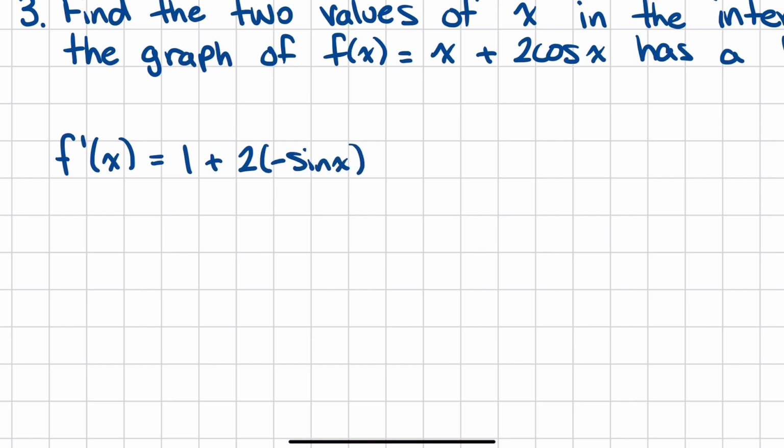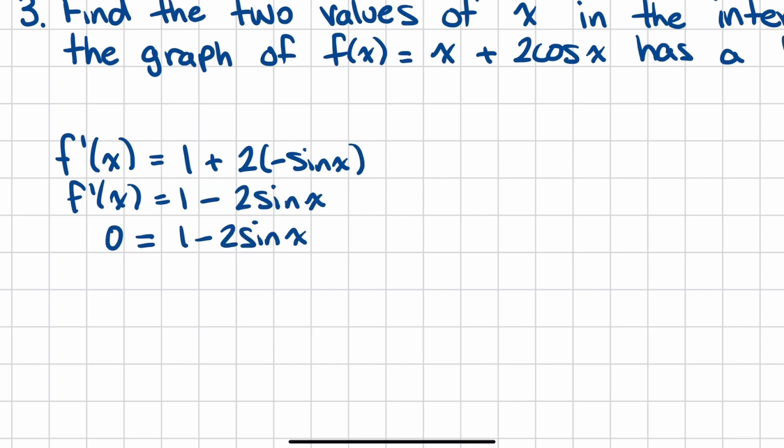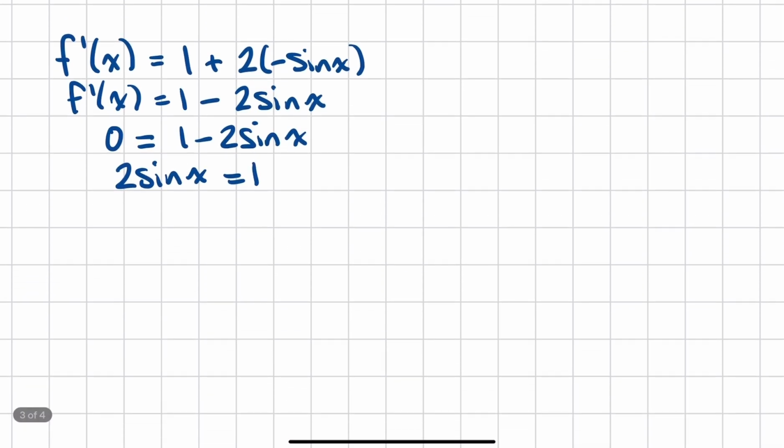And so I can go ahead and simplify this to 1 minus 2 sine x, and then we're just going to set this equal to 0. And bringing the 2 sine x to the other side, we're going to get 2 sine x is equal to 1. And isolating for sine x, we're going to get 1 over 2. Now your job is to isolate and solve for x.